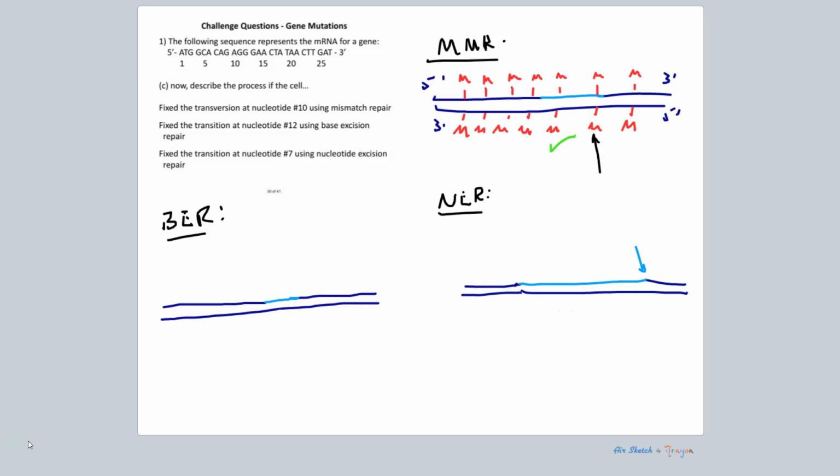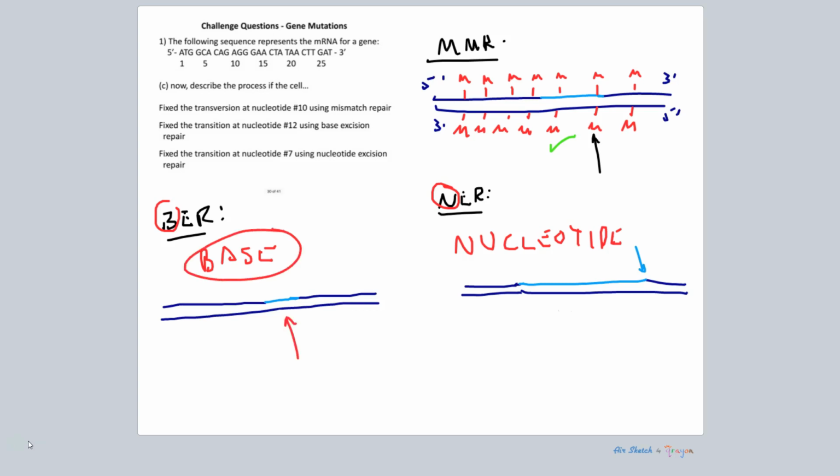So students often get confused by base excision repair and nucleotide excision repair because they are so similar. So here's a nice simple way to tell them apart. This is the way that I remember them. So again, the B stands for base and the N stands for nucleotide. And I tell them apart by remembering that the small word is responsible for the smaller repair.